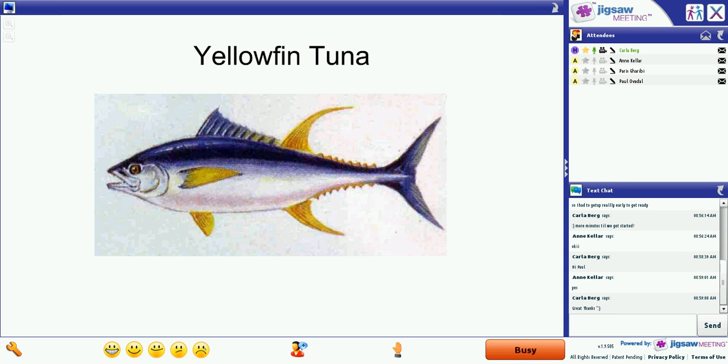If you look at his dorsal fins, they're angled to the back. Looking at this yellowfin tuna, who would like to make a guess as to how this fish swims? Go ahead and hit your talk button at the bottom of the screen.